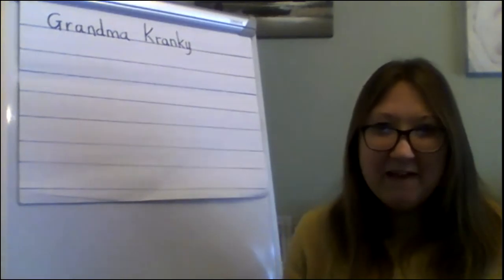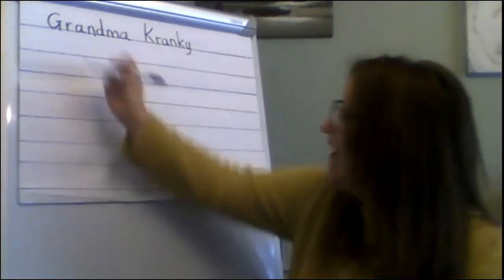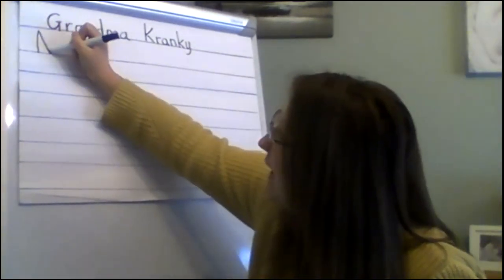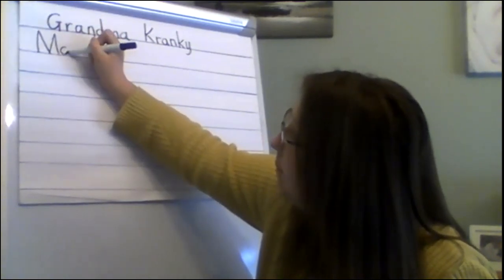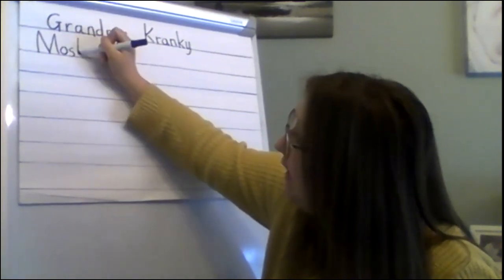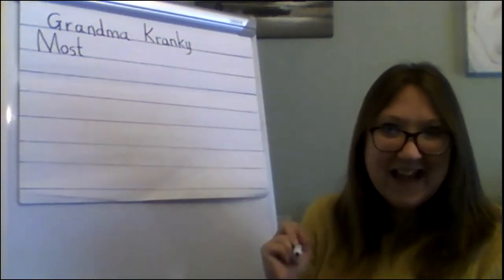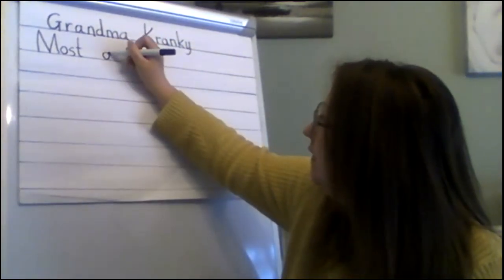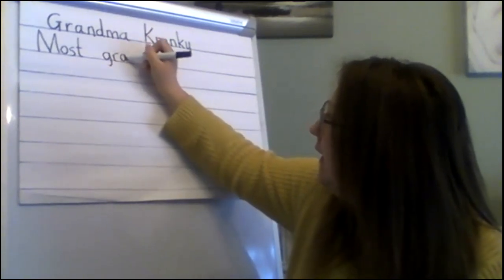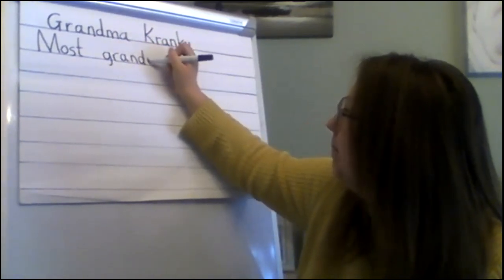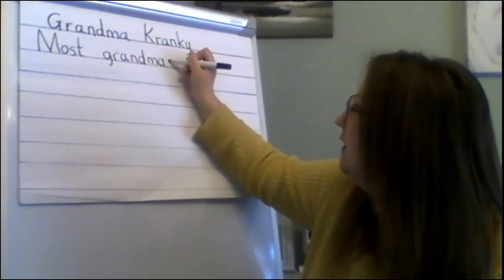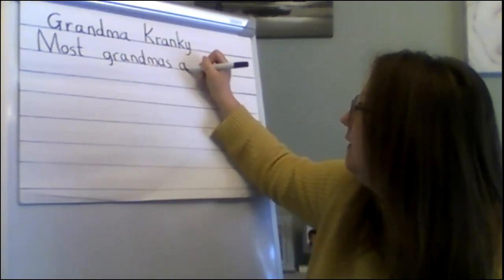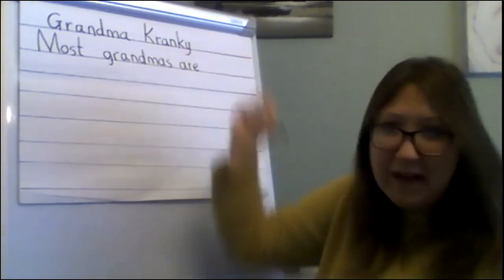Now, I know every sentence starts with a capital letter. So I'm going to do a lovely tall capital M. Most, one of our new red words here, M-O-S-T. Most grandmas. Grandmas. Are. We had kind.